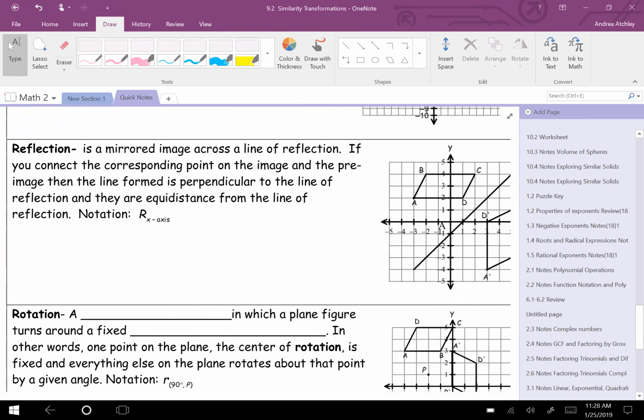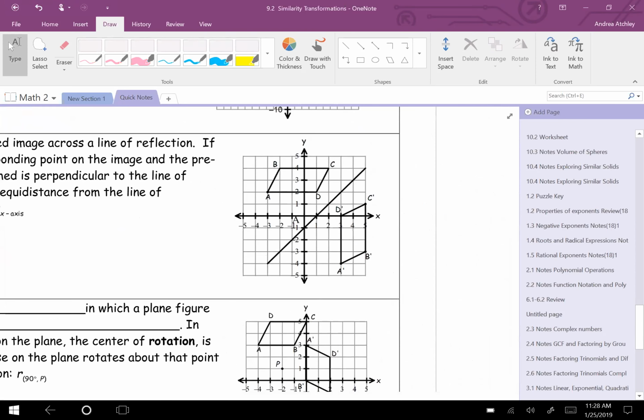Okay. So this one, we have our line that's reflected across. What it says is if you connect D and D prime, it'll be perpendicular to the line of reflection, and it'll be equal distance. So the distance from here to the line will be the same distance from this line to D prime. So these two pieces will be congruent. Remember that little line means congruent.